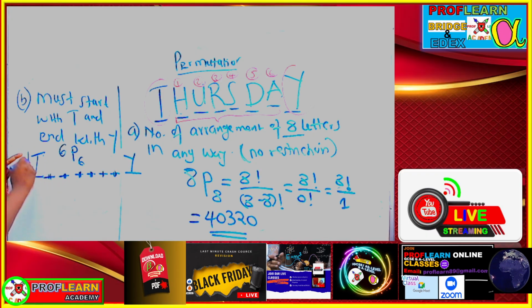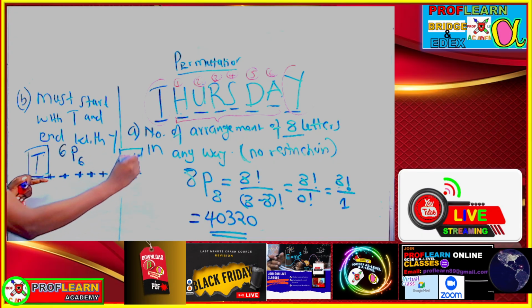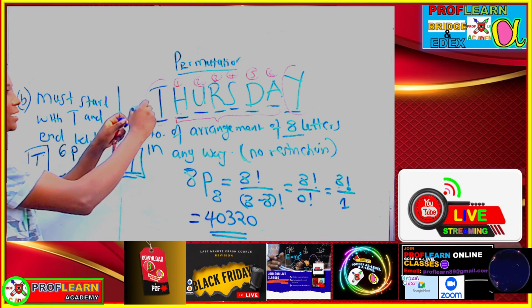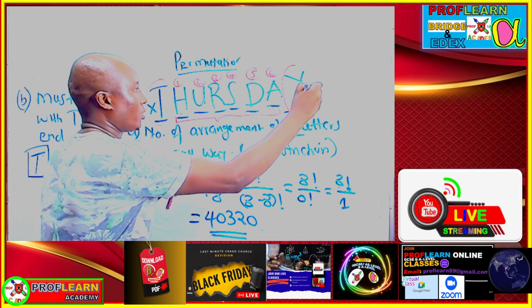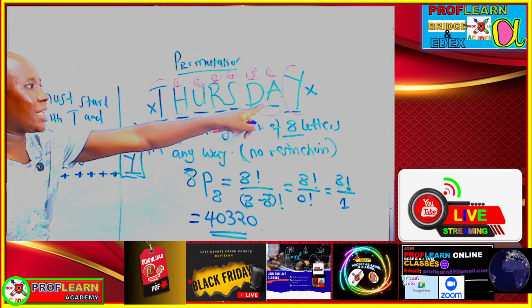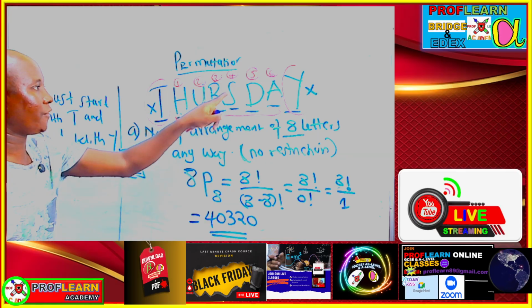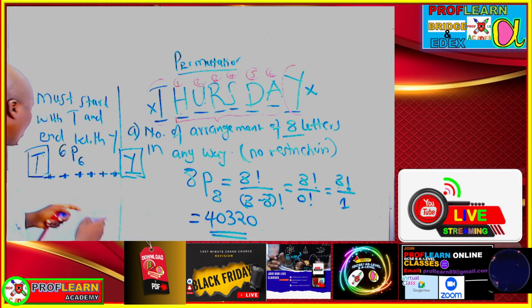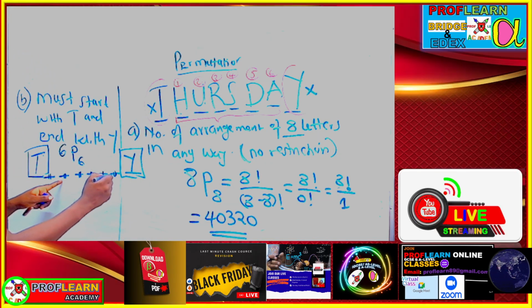These letters are fixed, the first one and the last one, so they are removed out of the equation here. How many options are available? 1, 2, 3, 4, 5, 6. How many different ways are they going to be arranged?